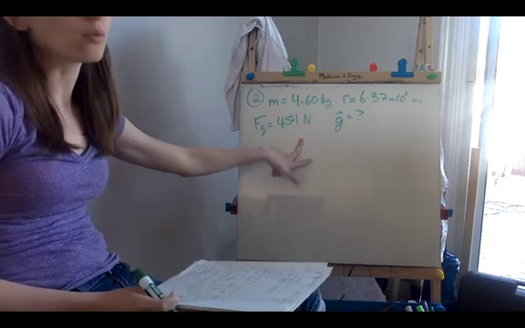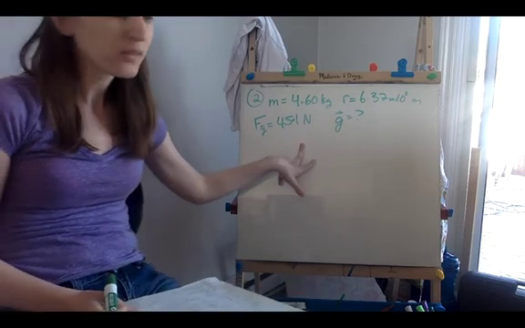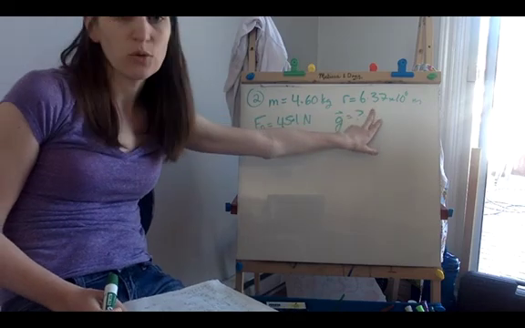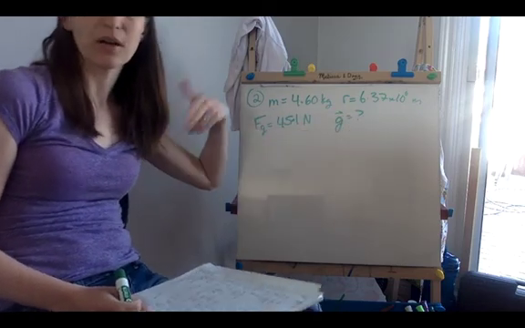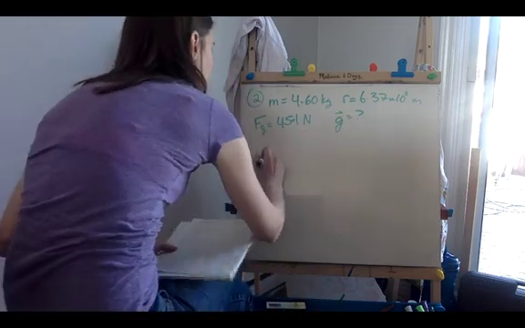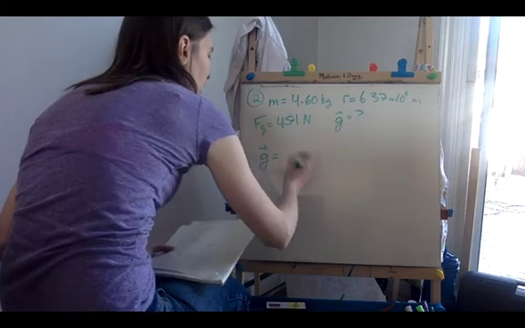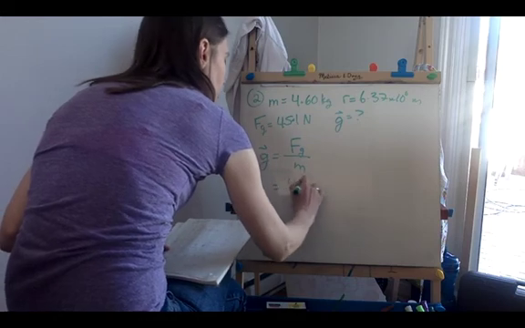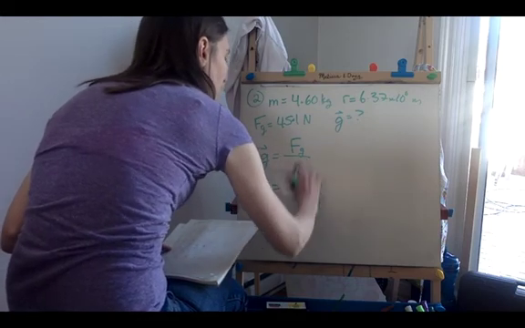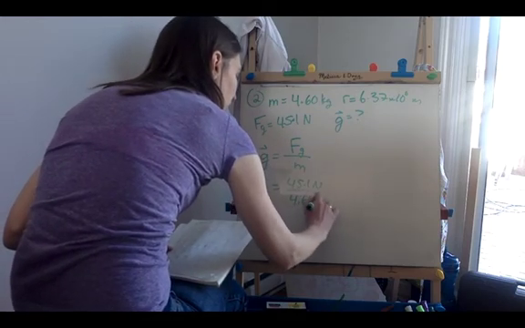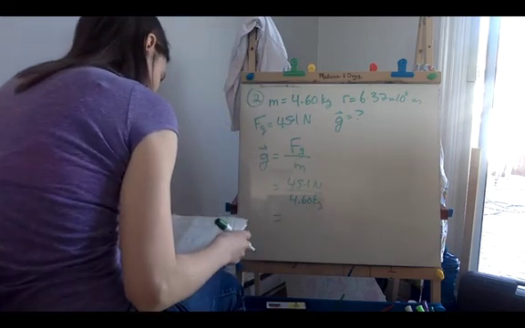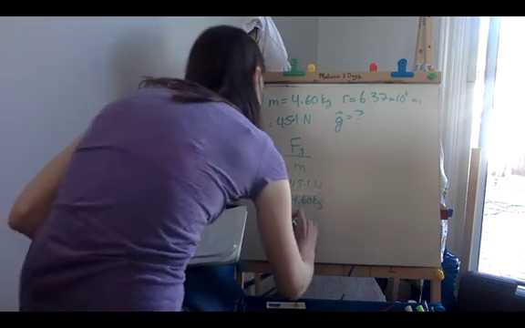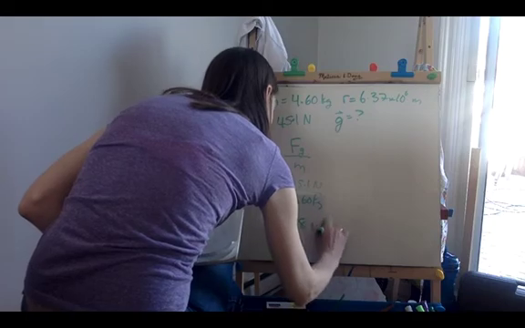You might remember other work we did with gravitational stuff where we would use the radius because we didn't actually have the force. But in this case, if you have the force, it's just a simple calculation: the force divided by the mass. So it's 45.1 newtons divided by 4.60 kilograms. When you do that, you get a value of 9.8 newtons per kilogram.